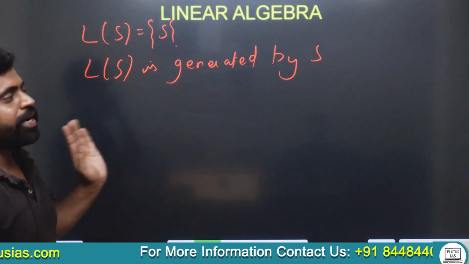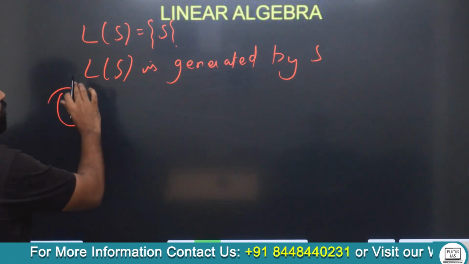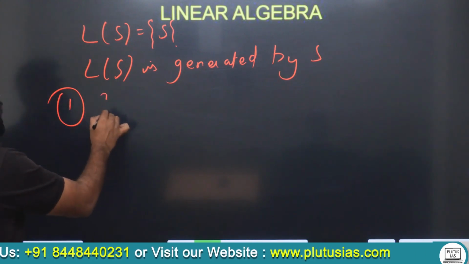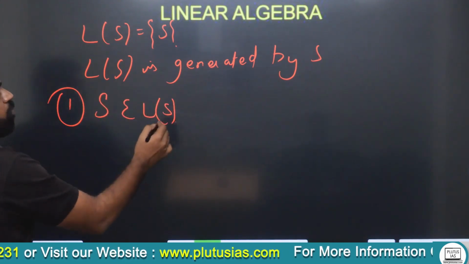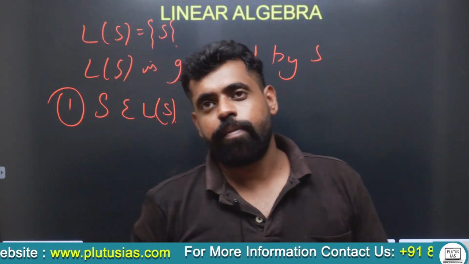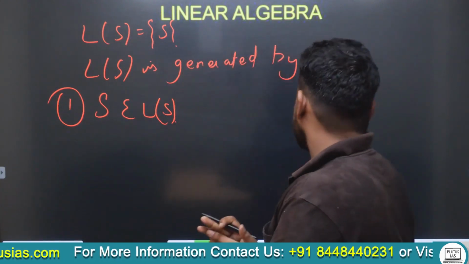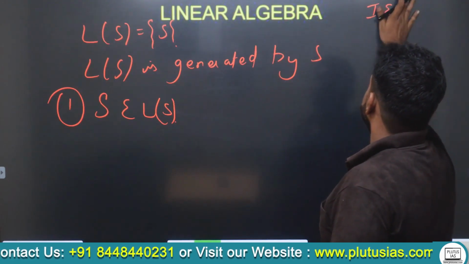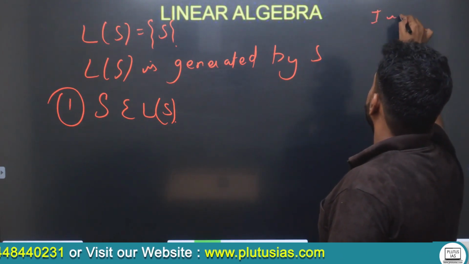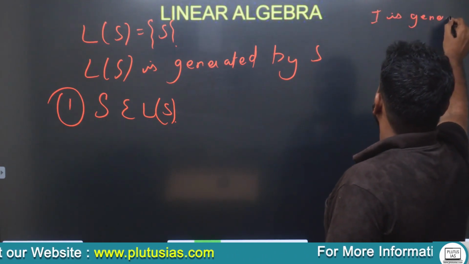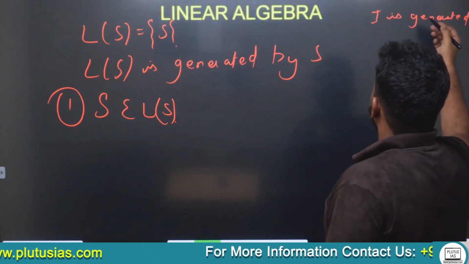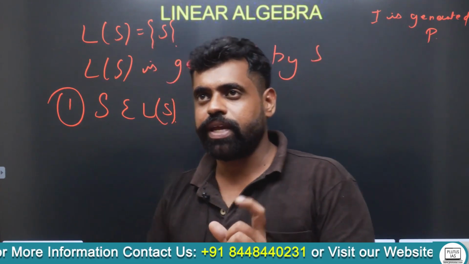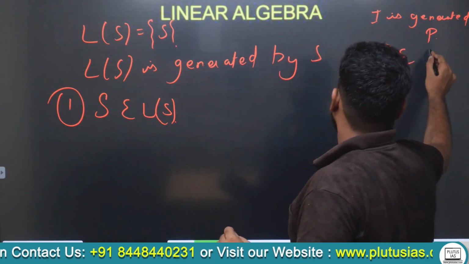What is meant by generated? It has two conditions. If I say that a set is generated by another set, say I is a set generated by another set P, it means that P belongs to I, first of all.